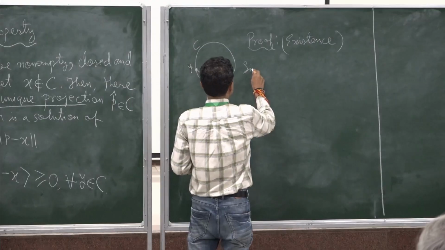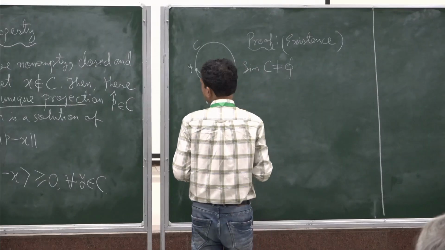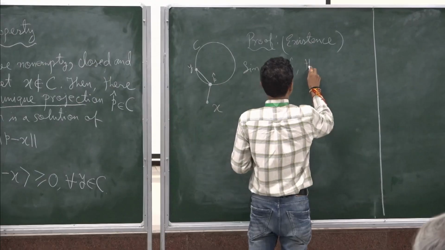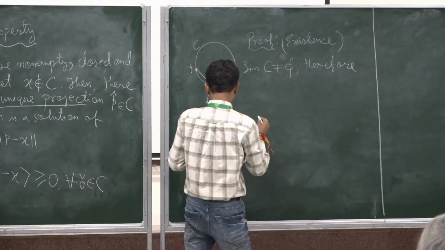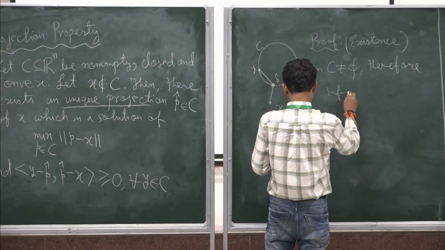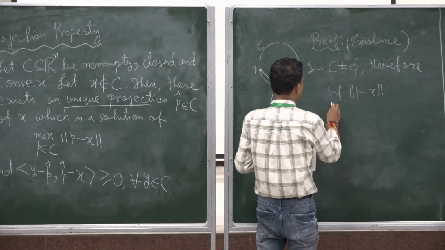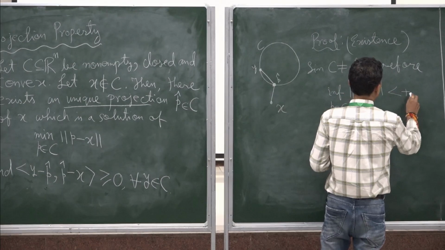Since this C is non-empty, because this is the assumption of the theorem, we can write that the infimum of norm P minus X, where P belongs to C, is less than plus infinity.